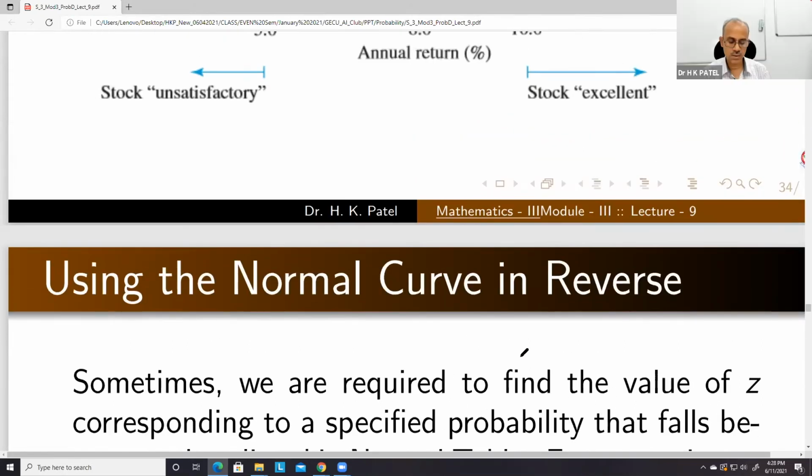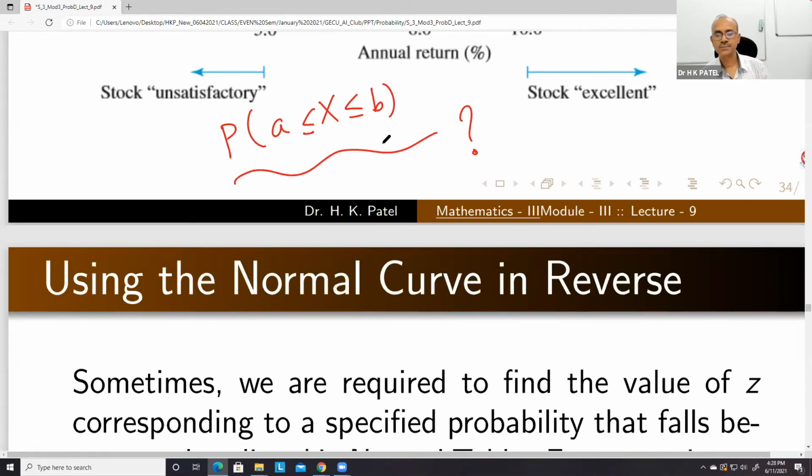What we have done so far is that we have obtained the probability that X lies between A and B. Now, if the probability is given, and if you know the probability, then you can find the number.